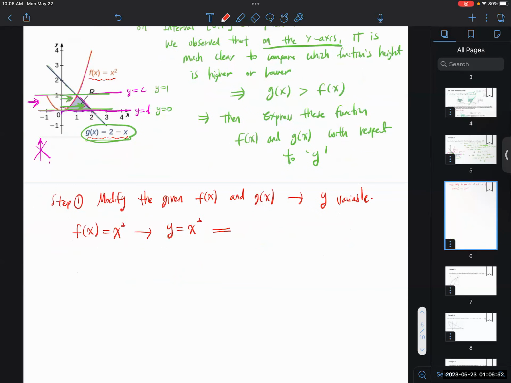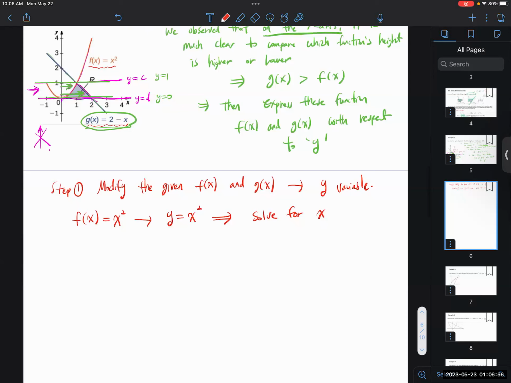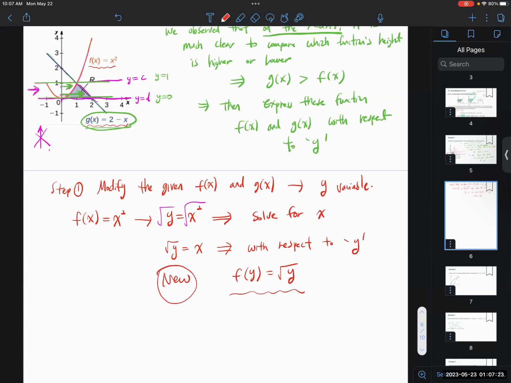So here we're going to modify, solve for x. If you solve for x, put the radical on both sides. It is going to be radical y equals x. So this is the equation with respect to y, which means f of y equals radical y. So this is the new f function in terms of y.